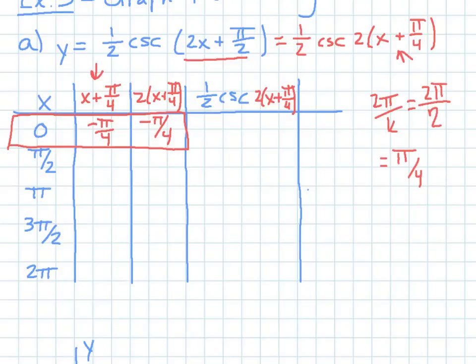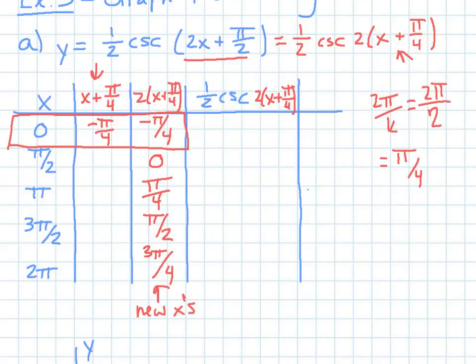If I add pi over 4 to negative pi over 4, that gets me 0. Add pi over 4 to that and I get pi over 4. Add pi over 4 and I get pi over 2. Add pi over 4 and I get 3 pi over 4. Those should be my new x values.